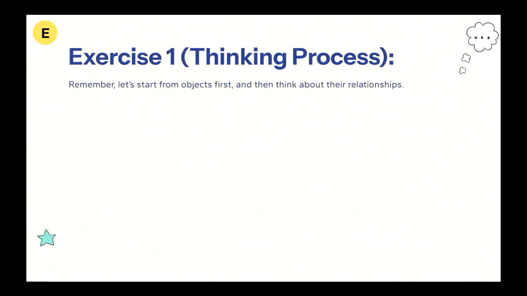So just now, I hope you have gained an understanding from our course website of what the key objects are. What's the most important object for a course outline? Of course, course.